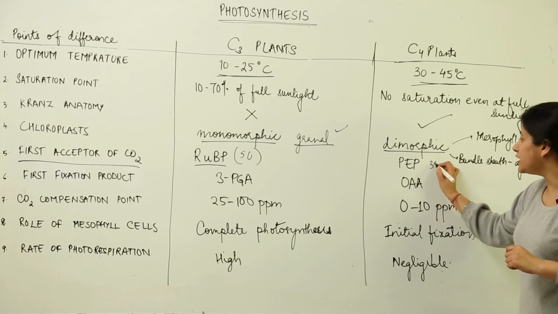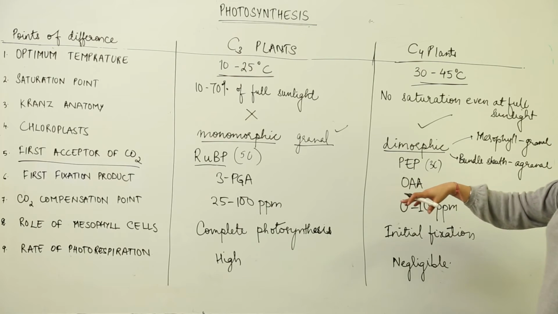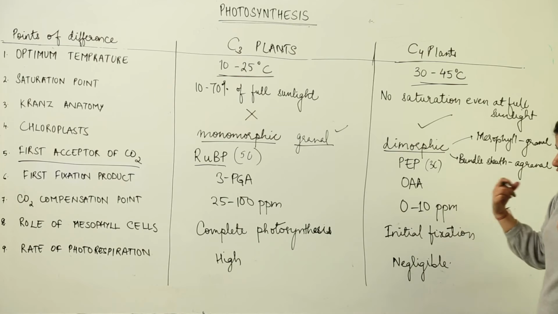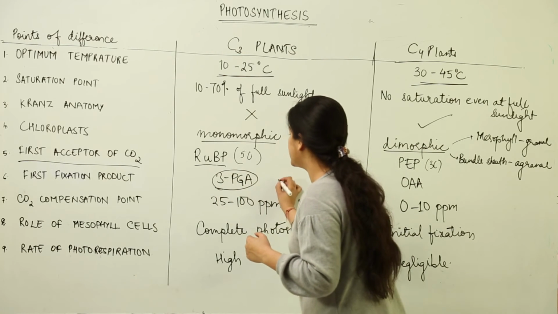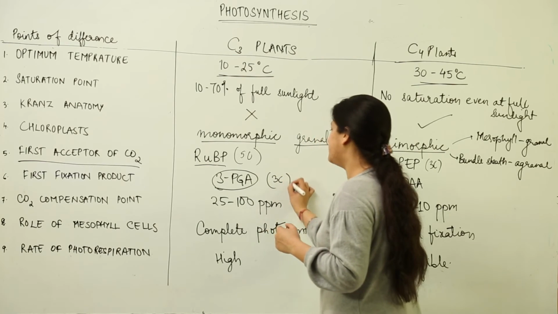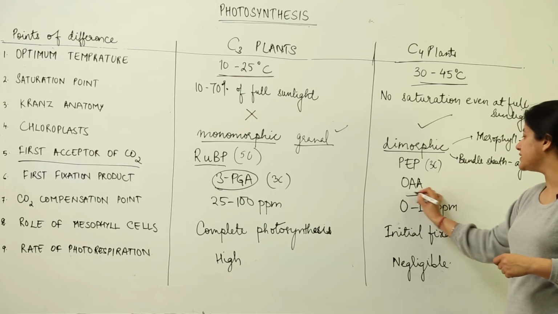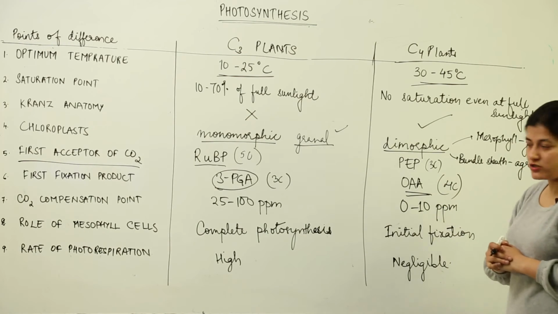That was a 3-carbon compound. Now because the acceptors are different, we have a difference in the first fixation product that is formed because of CO2 fixation. The first one over here is 3-phosphoglyceric acid. As you see, it is a 3-carbon compound, while in the case of C4 plants it is oxaloacetic acid. That is a 4-carbon compound. This is the point of difference.